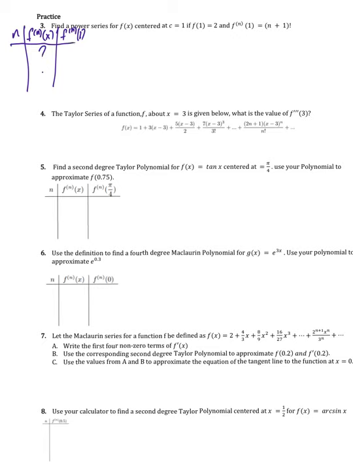So here's my table. They told us that f of 1 is 2, which means that when n is 0, that's our constant term, and the function value is 2. Then they're telling us how to find each next term.